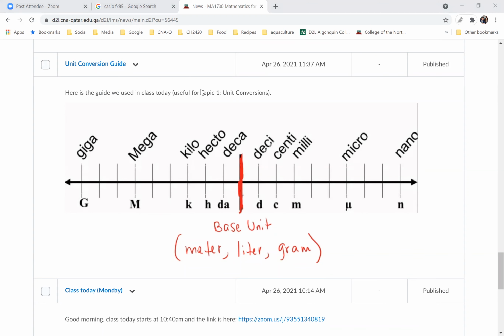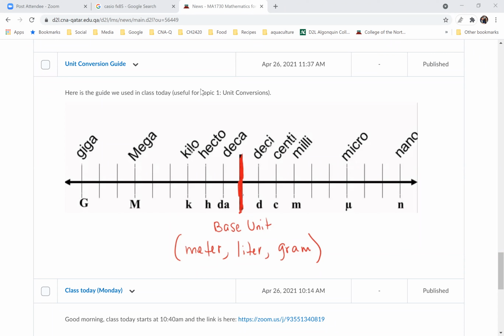Sir, so you will give us this in the exam? Yes. And sir, we don't have to know that micro is equal to 10 to the power minus 6? You might need that.